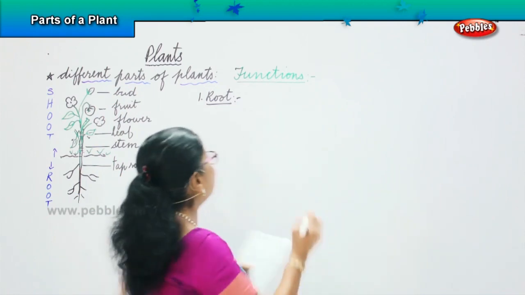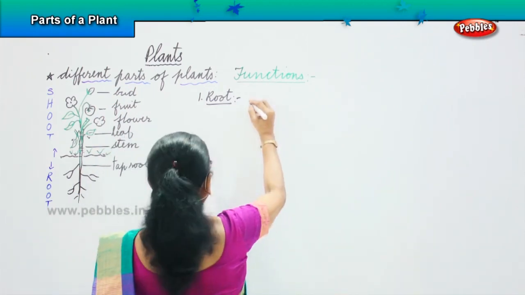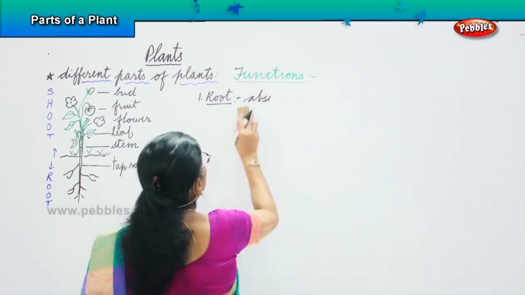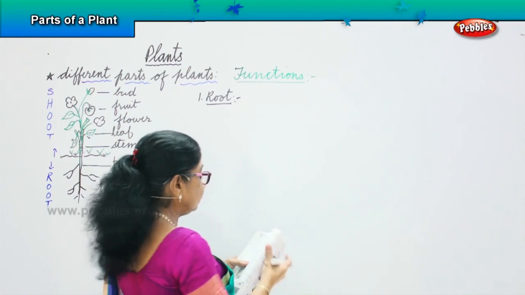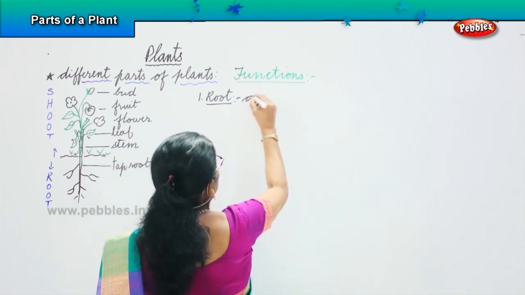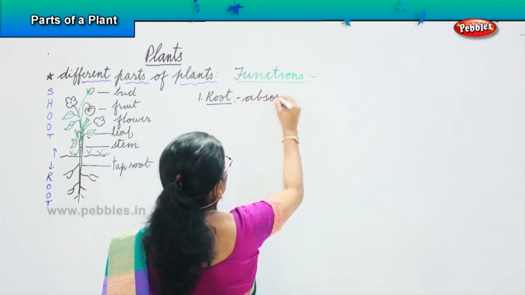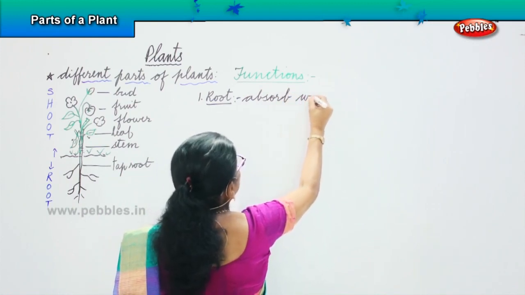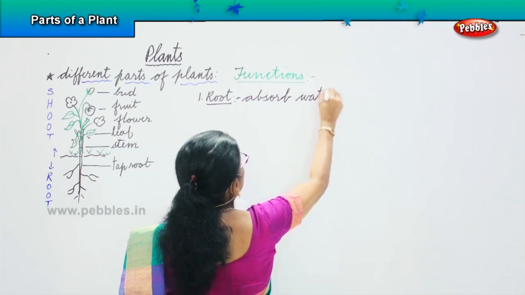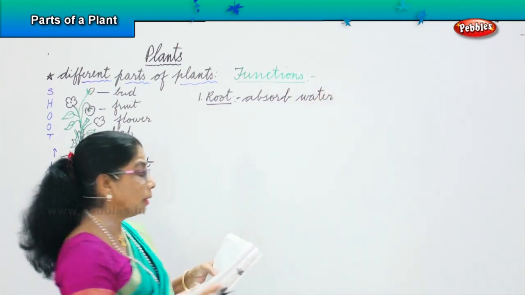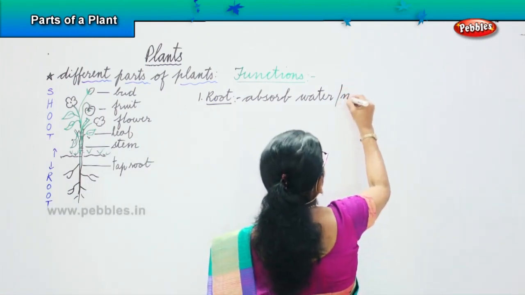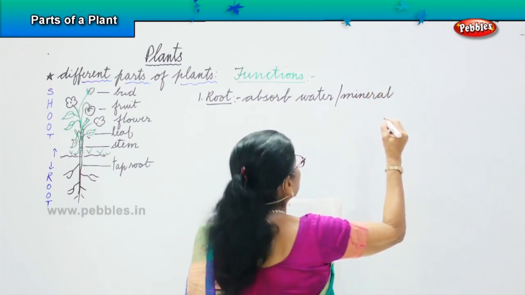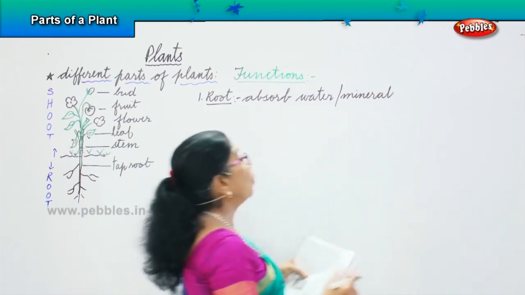The function of the root is to absorb water. The first function of the root is to absorb water and mineral salts from the soil. What else will it do?